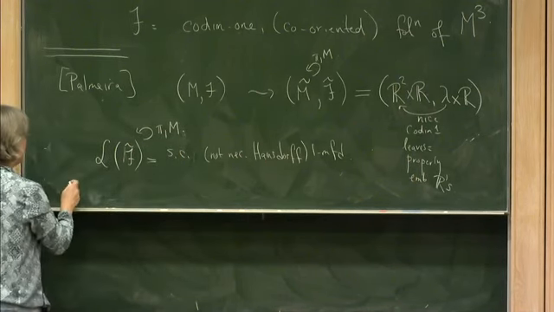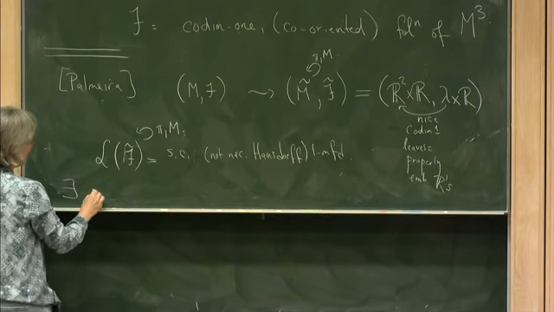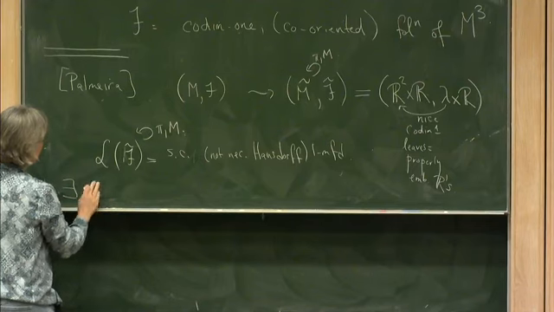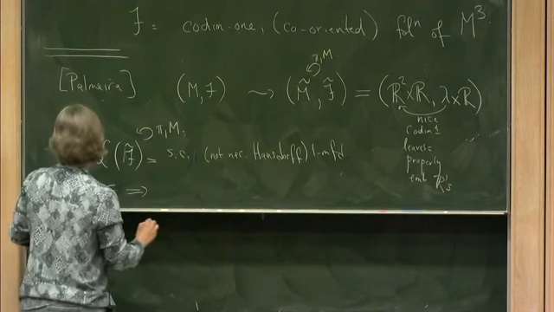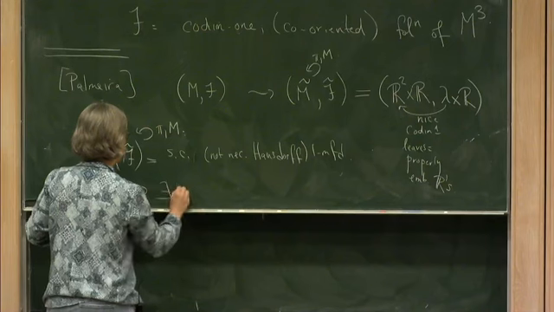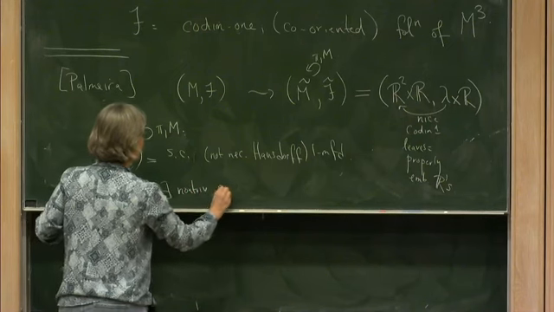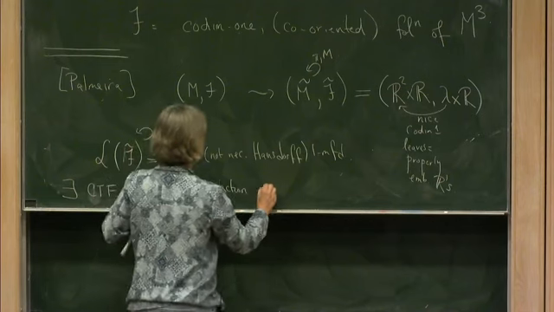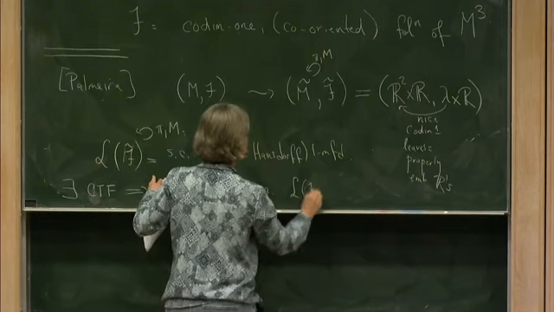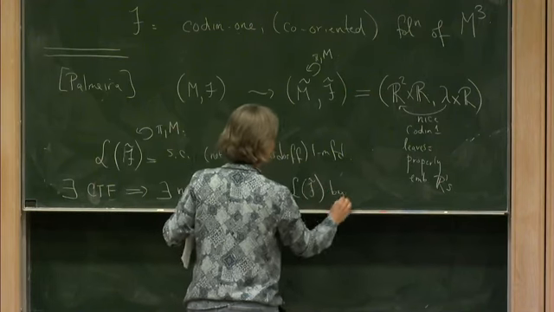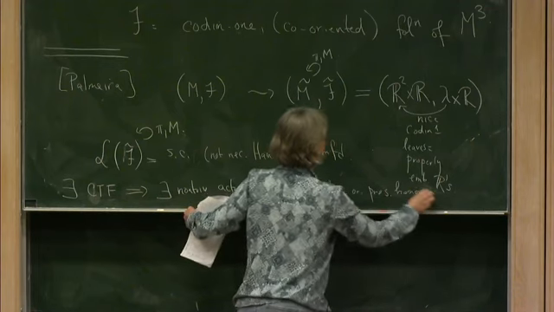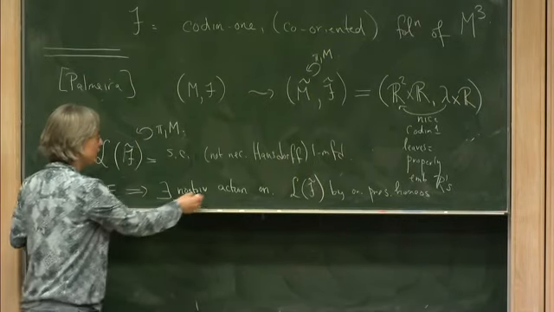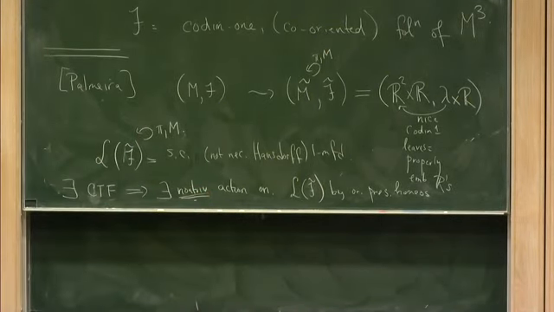So you know that if you have a foliation, and let's do CTF from now on, if I have a CTF, then I know that I have a non-trivial action on this simply connected 1-manifold, so L_F tilde, by orientation preserving homeomorphisms. And by non-trivial here, I mean that there isn't a generalized global fixed point.